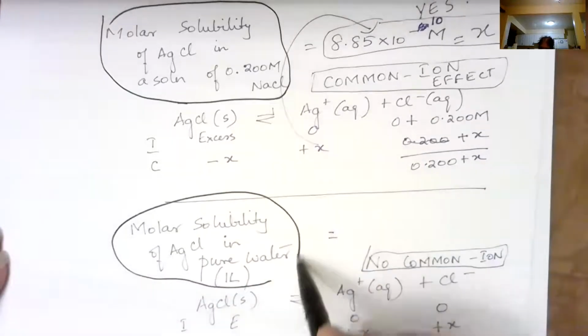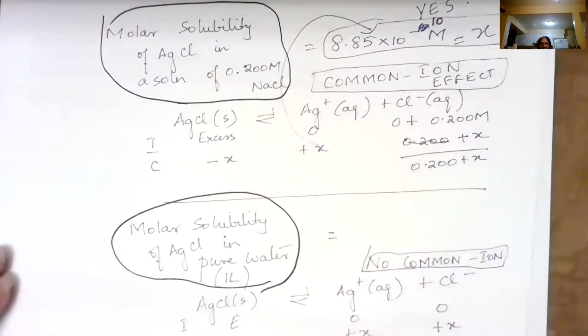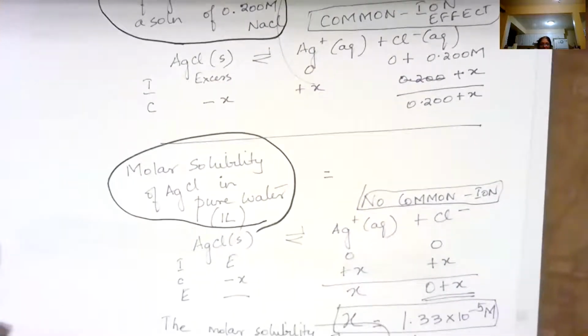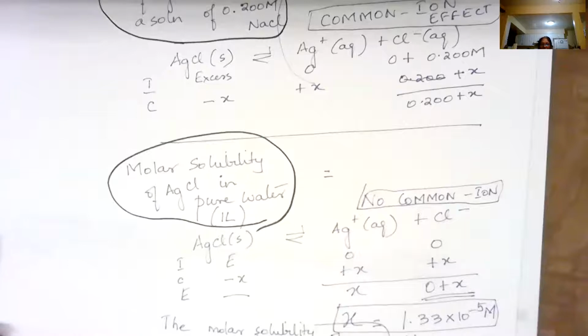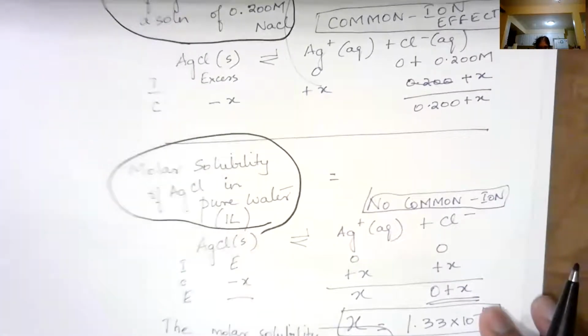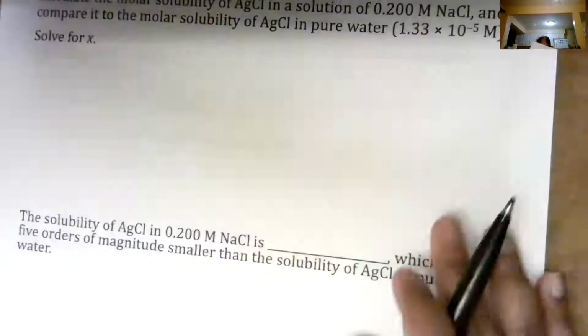Let's say you did not have the common ion. You will do the calculations like this, simple like we've seen before, and the X value that you get is 1.33 times 10 to the negative 5 molar. So what happens to the molar solubility when you add a common ion? I'll show the comparison on the next slide, so it's less confusing.